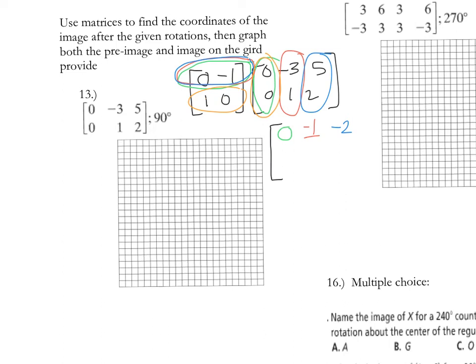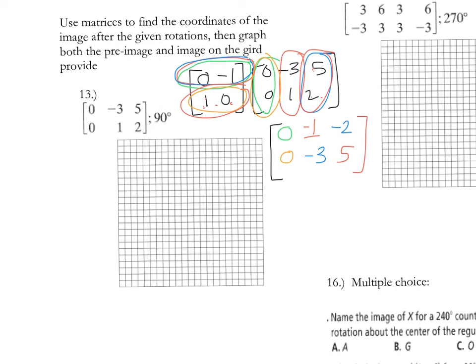So that's going to be 0. Next spot, 1 times negative 3 plus 0 times 1 is negative 3. And then the last one, 1 times 5 plus 0 times 2 is 5.